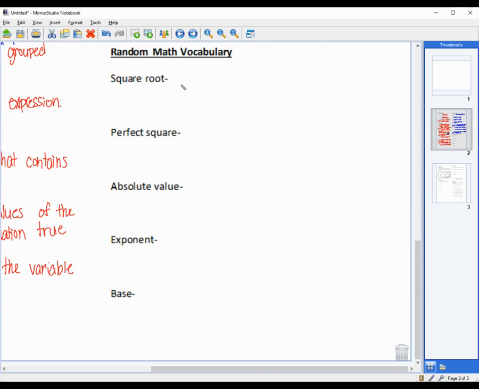Square root. Okay, square root would be 1 of 2 equal factors of a number.